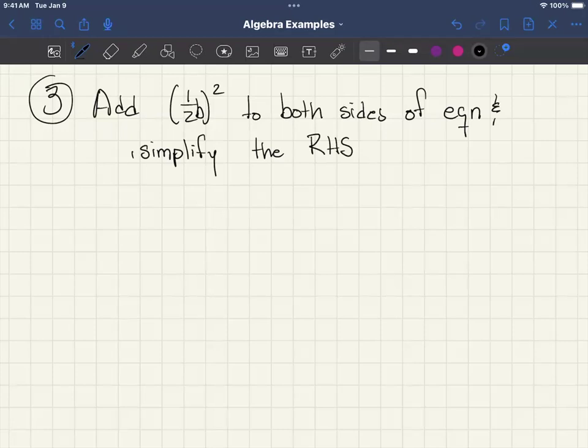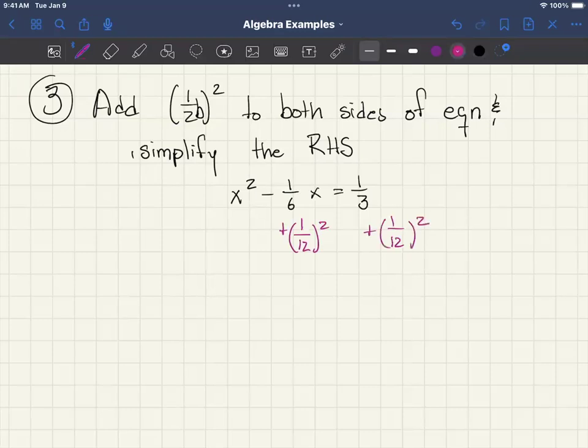Okay, so our equation that we had, remember from way back, we had x squared minus 1/6 x is equal to 1/3. We are adding to both sides 1/12 quantity squared, right?